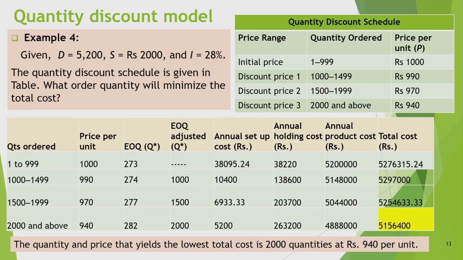Suppose I order a quantity between 1 to 99, the economic order quantity will come 273, and the corresponding total cost comes out to be 52,76,315. Similarly, in the 1000 to 499 slab I will get some discount, but the economic order quantity comes 274, so I have to order 1000 minimum, and then I get this cost, 52,97,000.